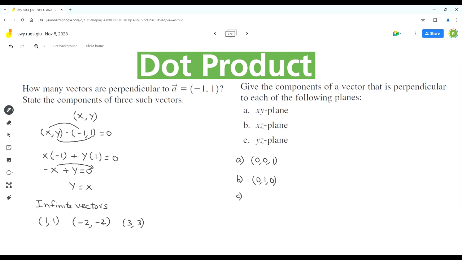And any vector that lies on the x-axis will have y and z components equal to 0. So one possible vector that lies on the x-axis is 1, 0, 0. So this can be the final answer for part C. So these are the steps you have to keep in mind to solve a problem like this one.